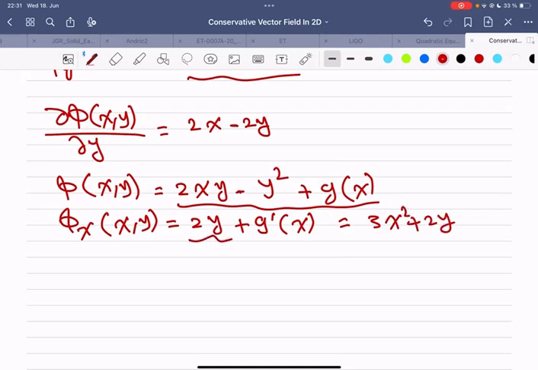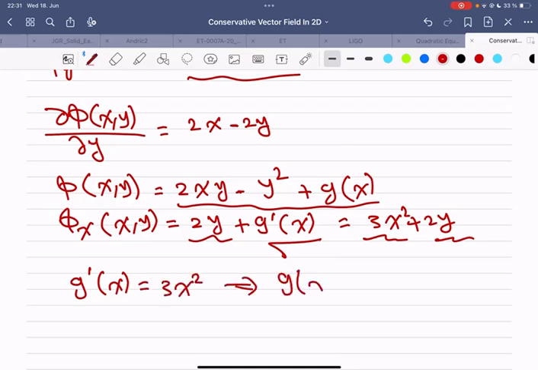This is the same as this, and g dash x is the function of x, which is this. So g dash x equals 3x squared. So g of x will be x to the power 3 plus constant, and this constant we can consider 0.